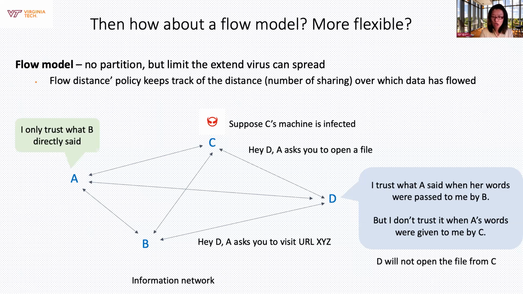So the virus will not propagate to D because D had this prior policy. And of course, this is very arbitrary, right? How do you know who is trustworthy? Maybe B is not as trustworthy as D would like him or her to be. And so if B gets infected, then D will get infected as well.